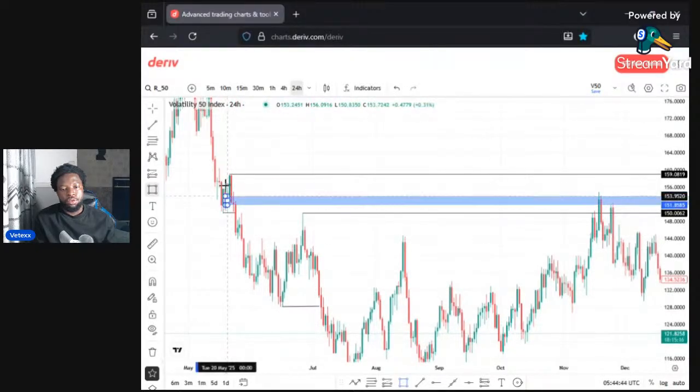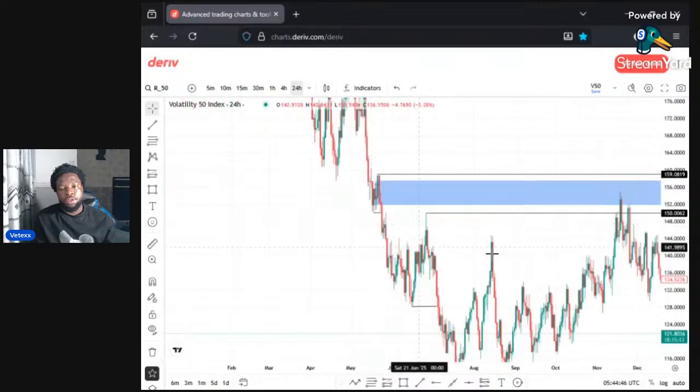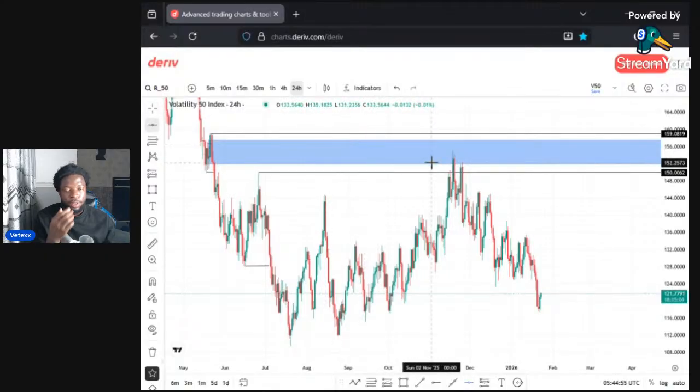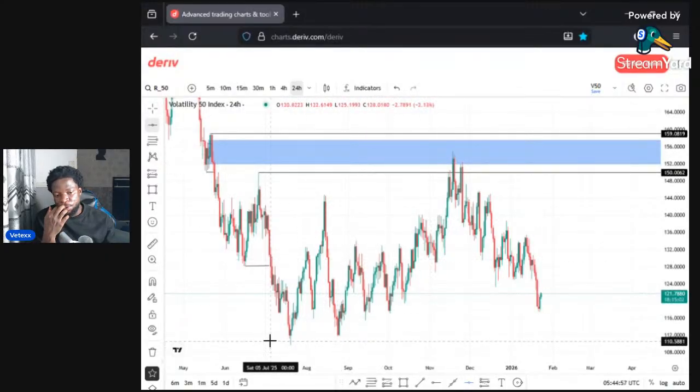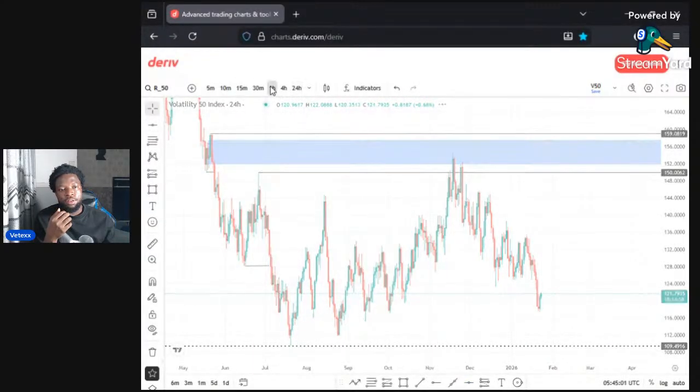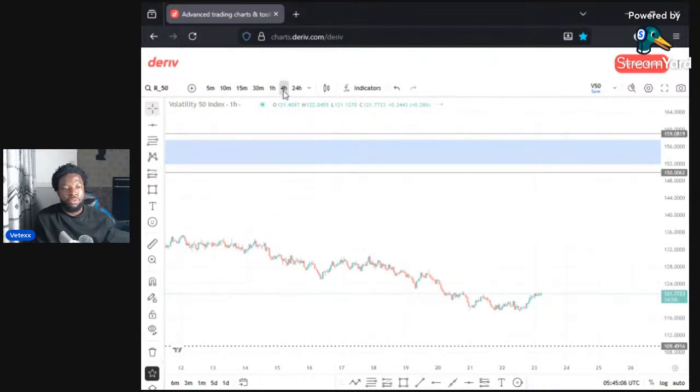We can see that price tapped into this zone and started pushing in the opposite direction. Now we know that price is coming from this 24-hour time frame and going to this time frame. Now let's go down to the 4-hour time frame and check.